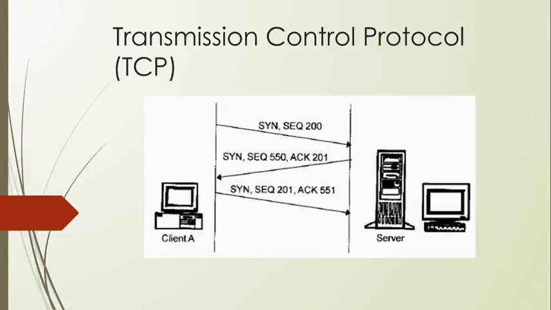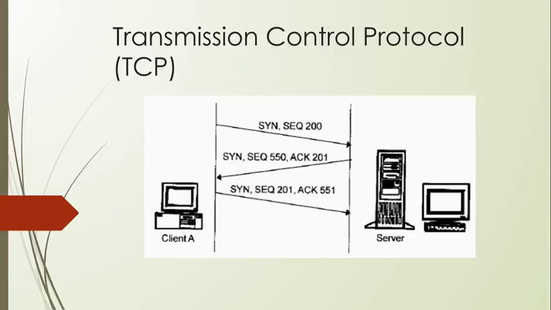So when the client receives the data packet, it knows that it is what it is expecting, since the client's computer sent a sequence number of 200, then it knows that this is the correct data it is receiving because it's expecting an acknowledgement of 201.